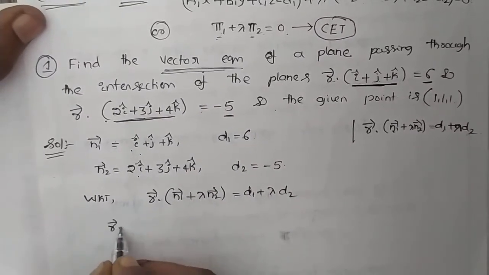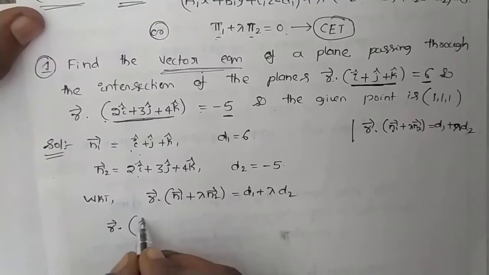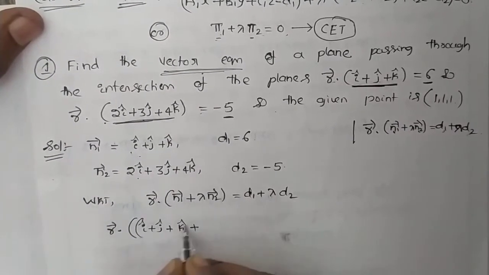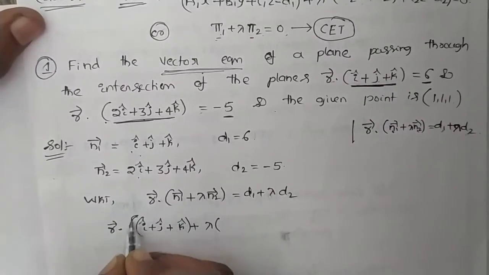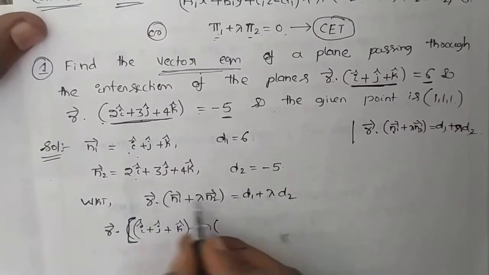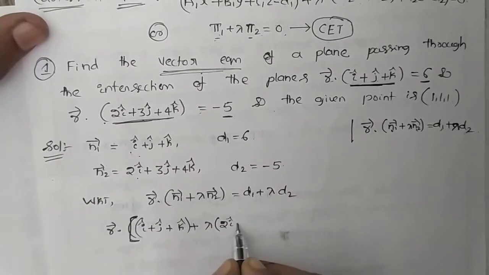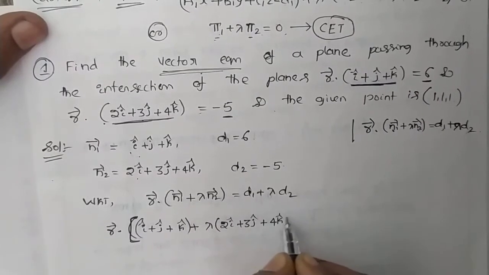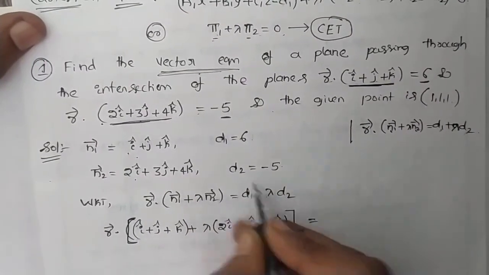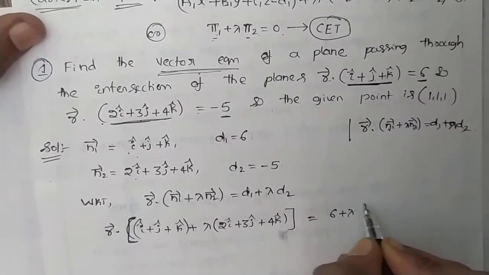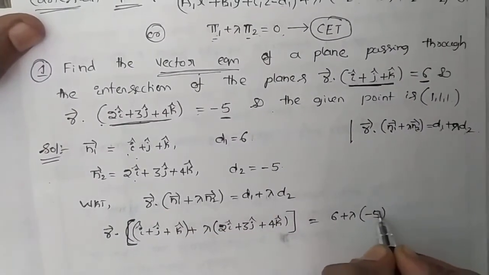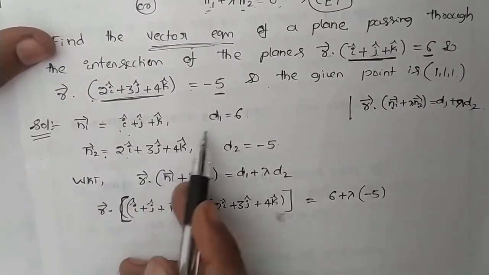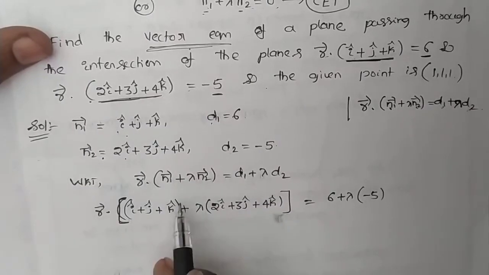r vector dot (i cap plus j cap plus k cap plus lambda times (2 i cap plus 3 j cap plus 4 k cap)) equals d1, which is 6, plus lambda times d2, which is -5. I am just substituting n1 vector, n2 vector along with d1 and d2 in this vector form.